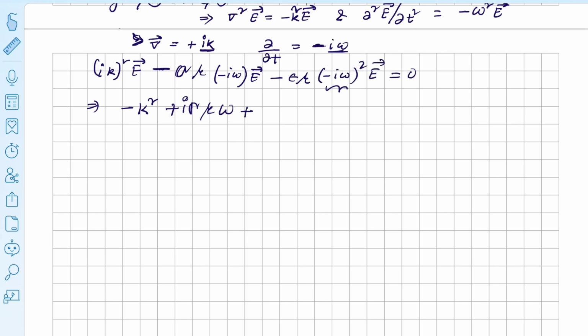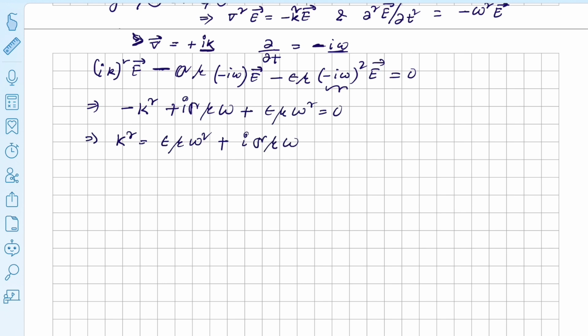So plus epsilon mu omega square is equal to 0. This is what we're going to have, and from this equation we can write that k square is equal to epsilon mu omega square plus i sigma mu omega.